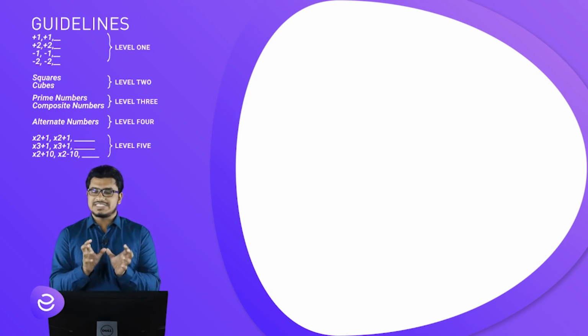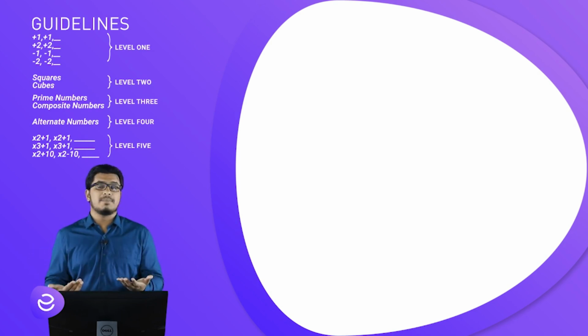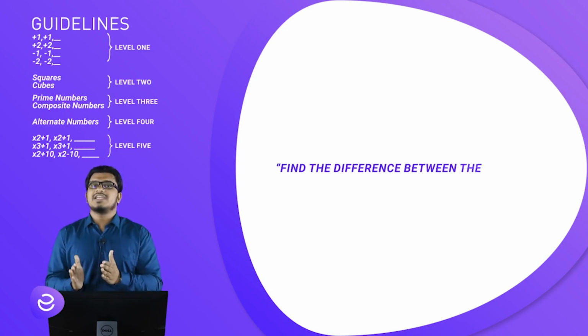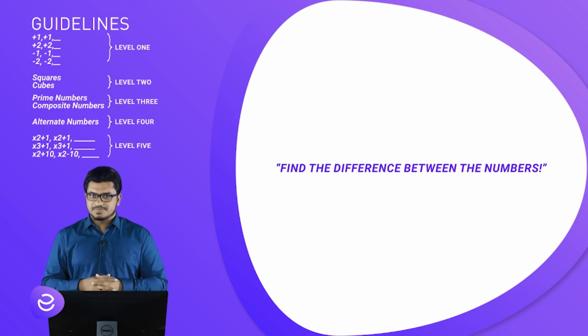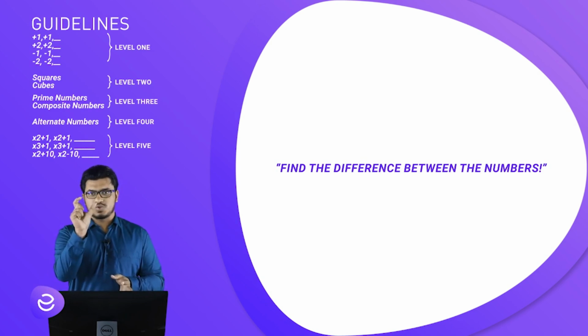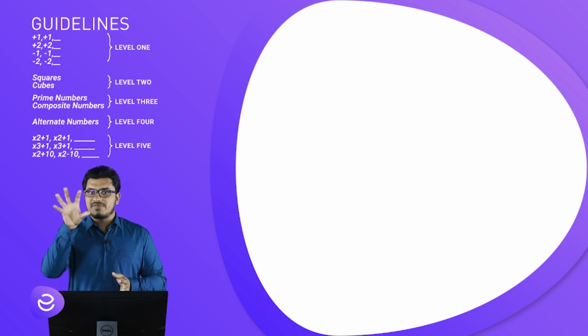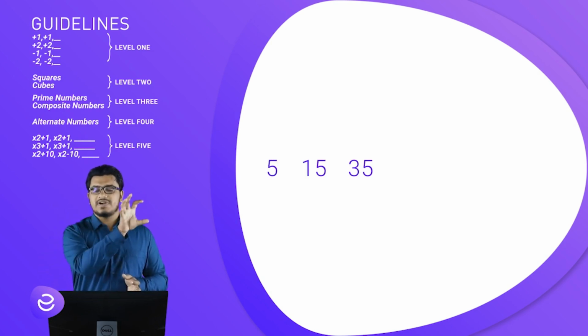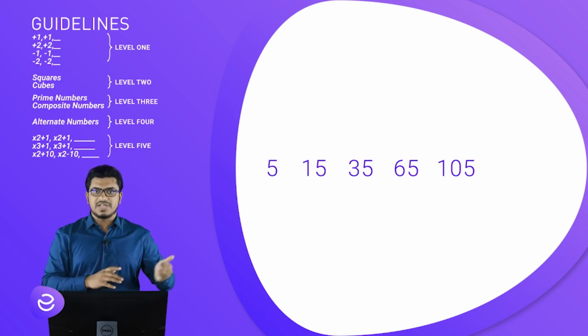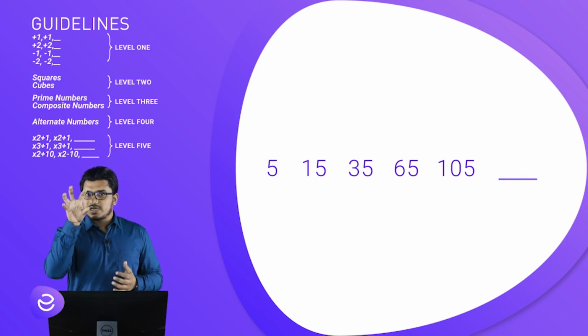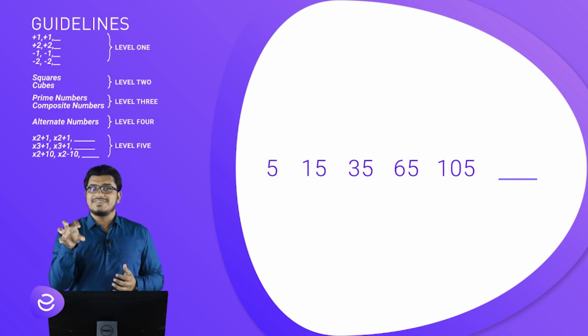When you get a number series type of question, the first thing that you have to do is to find the relationship between the numbers. You find the relationship between the first two numbers. In the previous example, we have 5, 15, 35, 65 and 105, then we have a dash. So you get the difference between the first two numbers, 5 and 15.